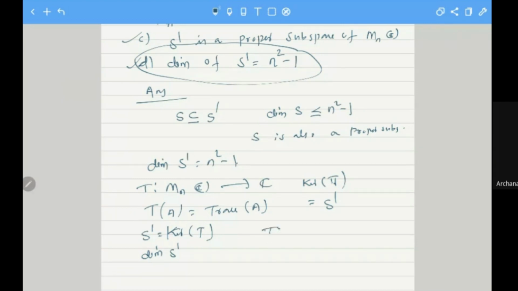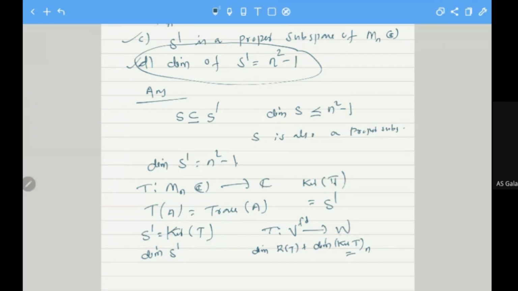Suppose T is a transformation from V to W, V is finite dimensional, then the dimension of the range of T plus the dimension of the null space or kernel of T equals the dimension of V. Suppose V is n dimensional, it is n, right?